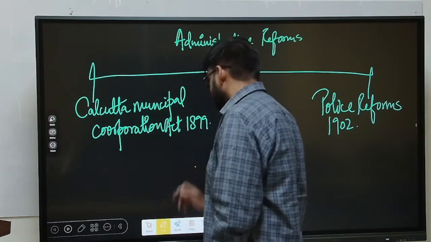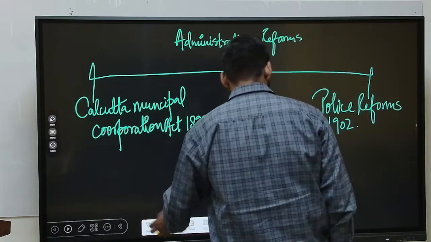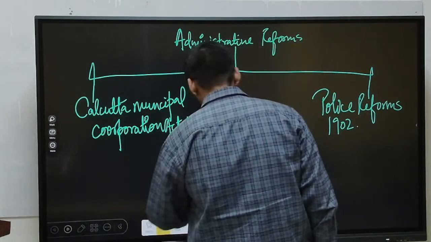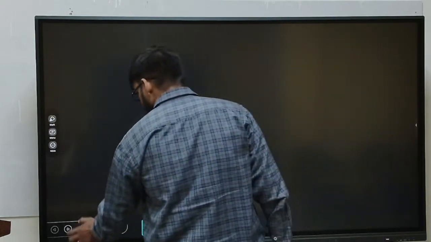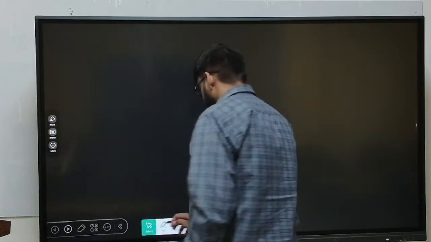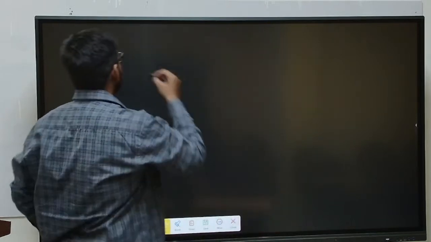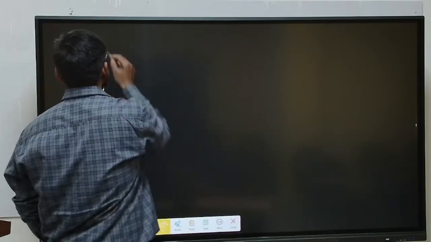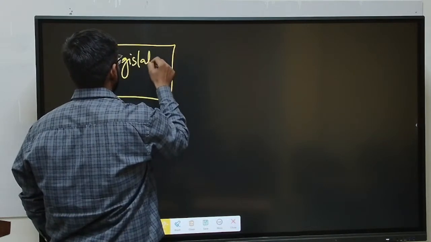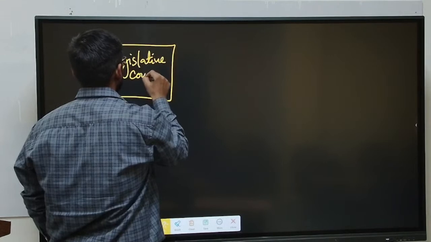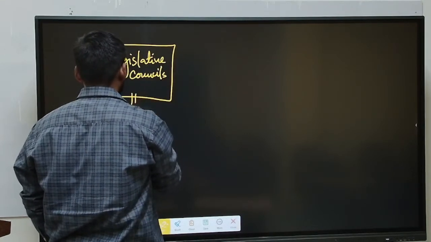Now, what was there in the Calcutta Municipal Corporation Act? When Lord Curzon came, let me tell you the scenario first. See, in legislative councils, indirect election was introduced.